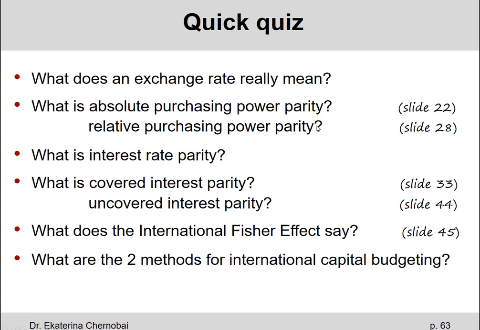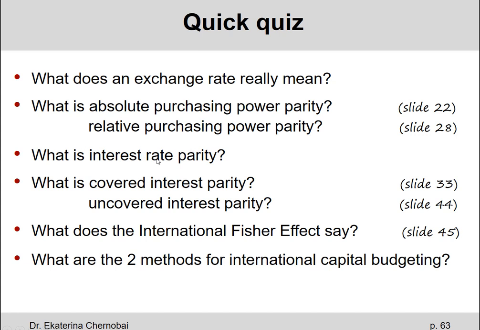The relative purchasing power parity also connects prices in two different countries and the exchange rate, except it does it a bit differently. It allows you to calculate what the exchange rate is expected to be, let's say, in 1 year, if you know how the costs of living or the overall price levels in the two countries will be changing in the nearest future.